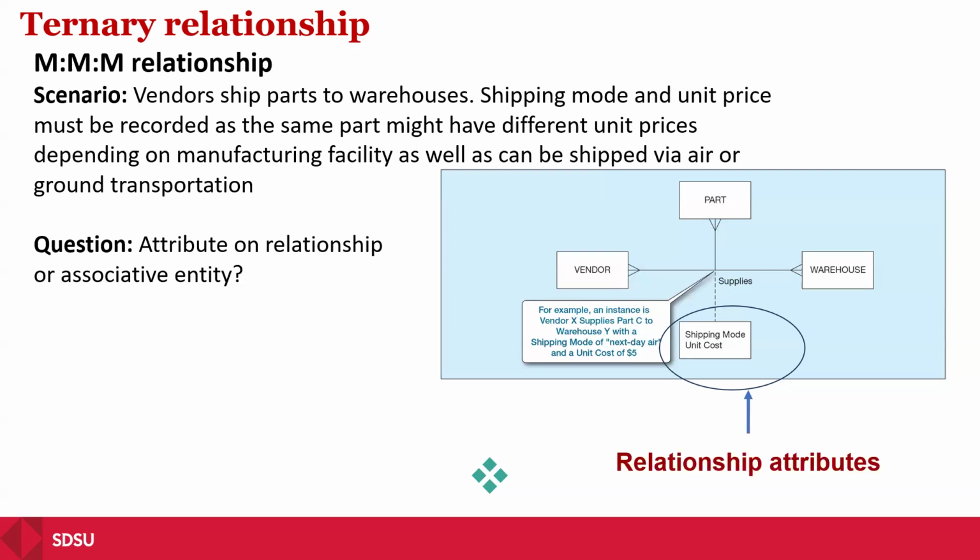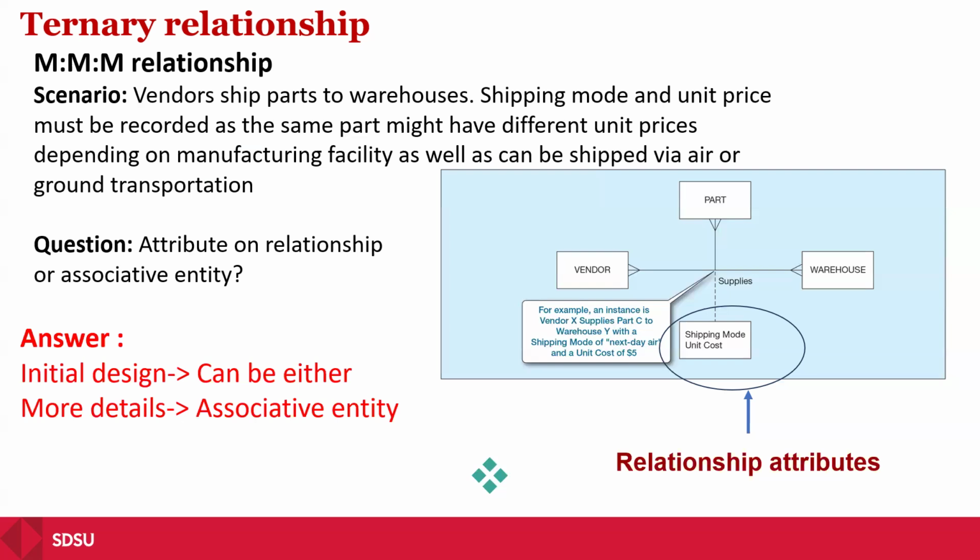All right. So that would be a relationship attribute because we don't have any uniqueness about this specific situation. We don't have any specific meaning for this shipping mode. So that's why it's an attribute on the relationship. For the conceptual data model, it can be an attribute of the relationship.